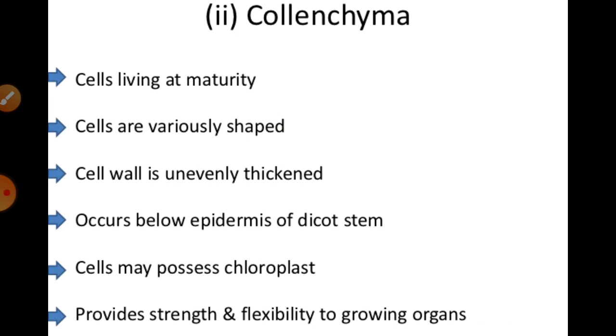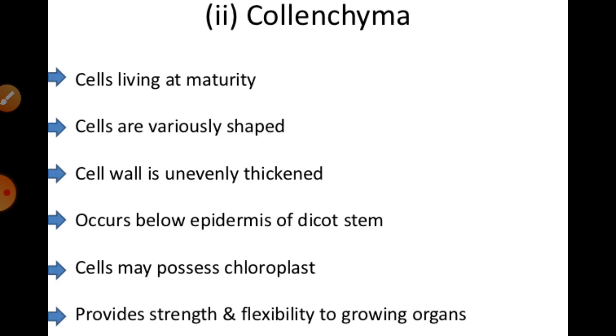These are living mechanical tissues, and generally they are composed of more or less elongated cells with thick, primary, lignified walls. And generally the intercellular space is absent between their structures, right?